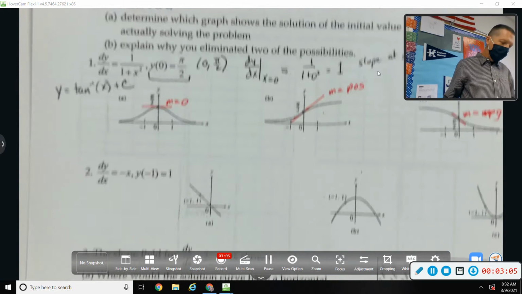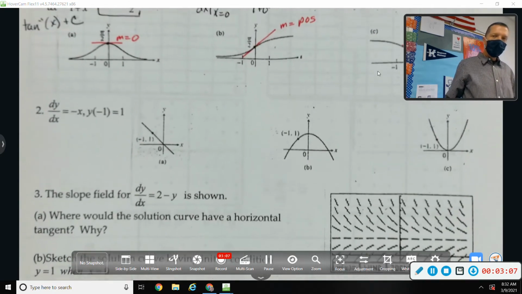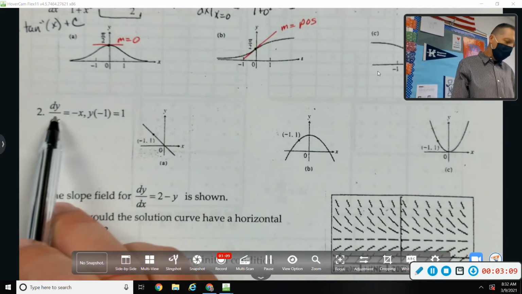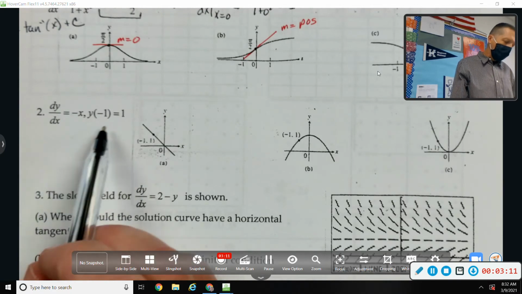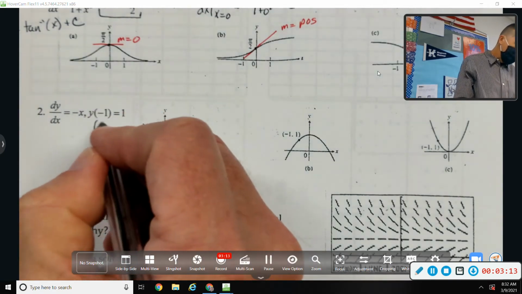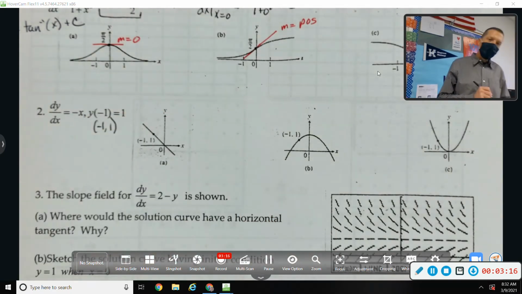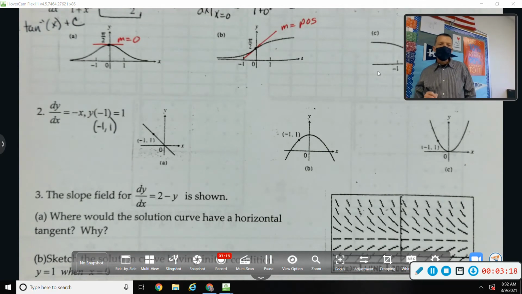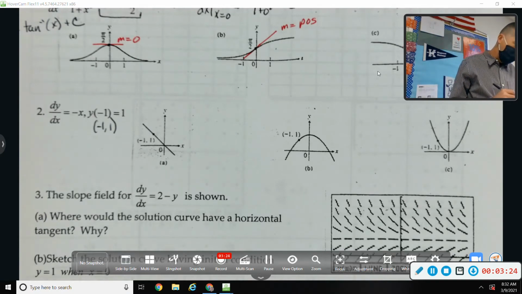Number 2. Same type of thing. Three graphs. I don't really want to solve this; I'd rather just check and see. I think it has the same issue. They all go through negative 1, 1, so that's not really a help. Let's check the slope at 0.